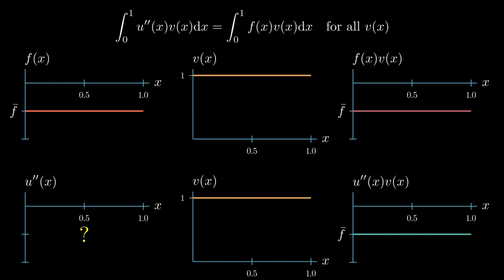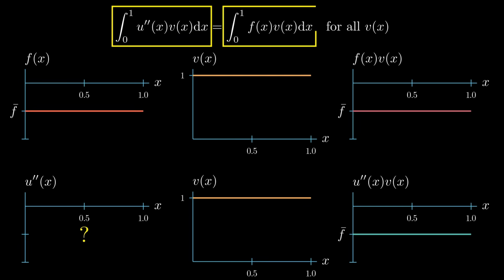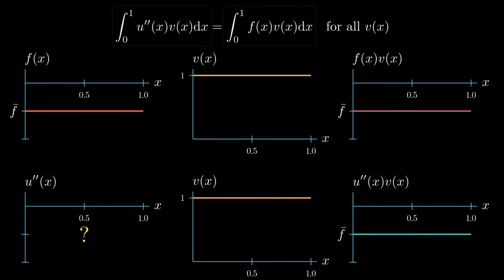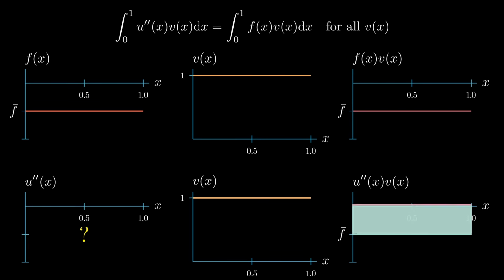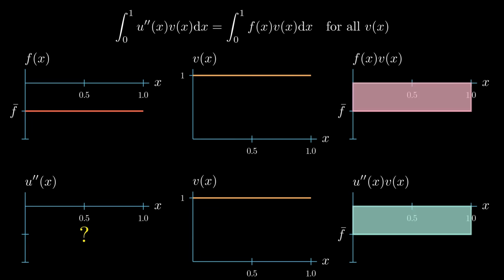However, there is one constraint. The weak formulation tells us that the integral of u double prime times v must be equal to the integral of f times v. Therefore, this area must be equal to this area. This means that u double prime times v can take arbitrary shapes as long as the area is preserved.